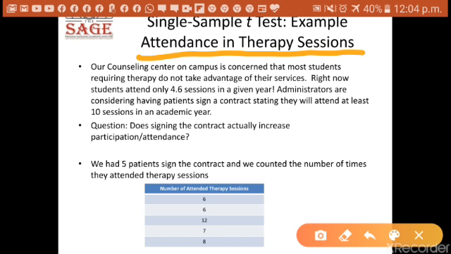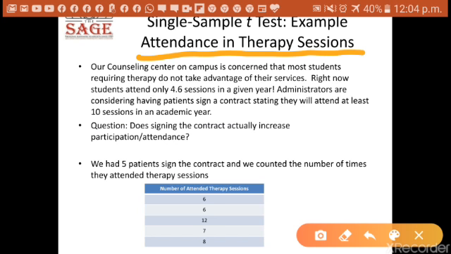Administrators are considering having patients sign a contract stating that they will attend at least 10 sessions in an academic year. So there is a problem that these patients are attending only 4.6 sessions, and now they want them to attend 10 sessions, and for those 10 sessions, they should sign a contract.